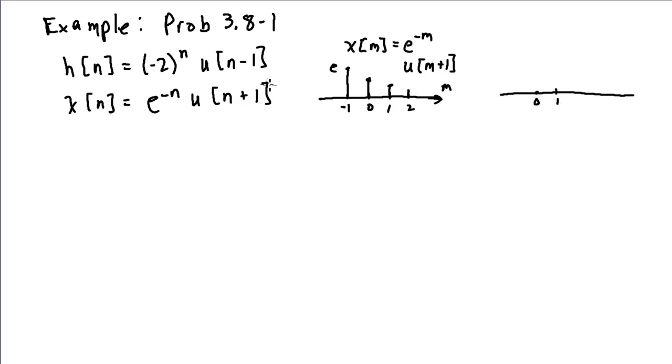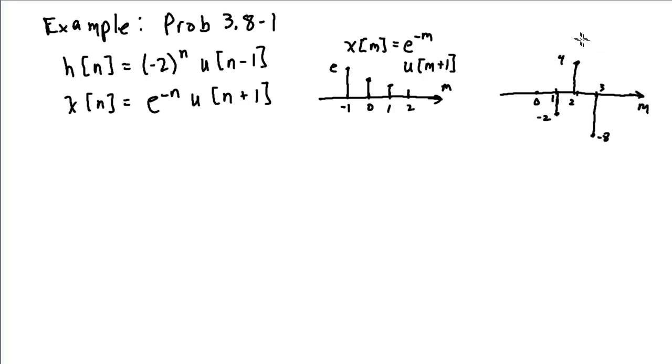At 1, we've got minus 2 to the first power, so that's a minus 2. Then at 2, I'll have minus 2 squared, which is 4. At 3, it would be minus 8.